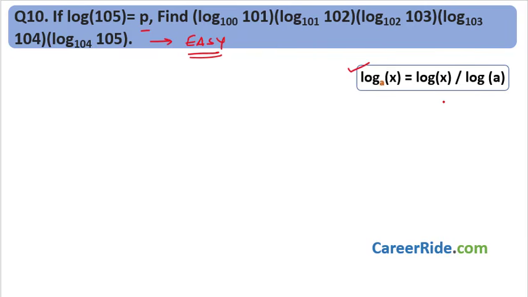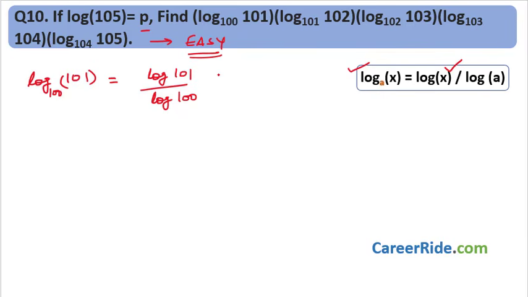Now, the rule that we have learnt was the change of base. So log x to the base a can also be written as log x upon log a. This is just an application of this rule only. Now see how it is. Log 101 to the base 100 can be written, using this rule, as log 101 upon log 100.